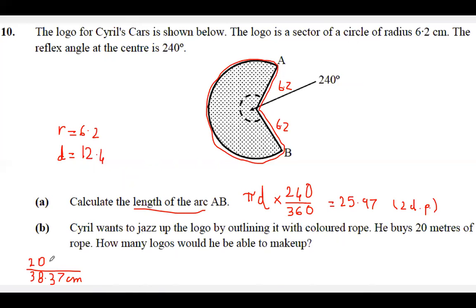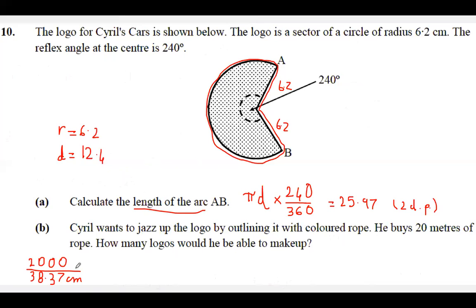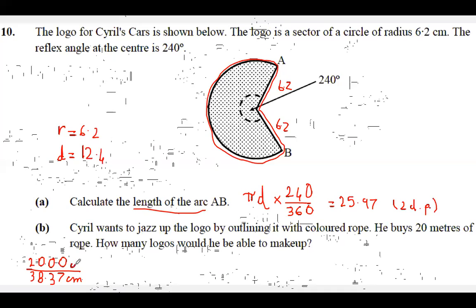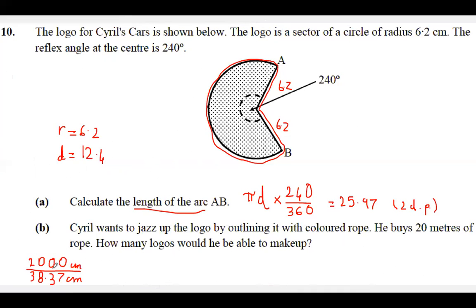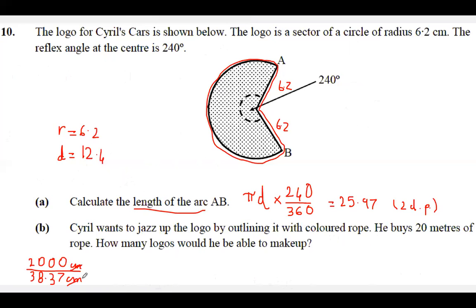If 1 meter is 100 centimeters, 20 meters would be 20 times 100, which is 2000. You can only divide centimeters by centimeters to cancel them and give a number. So how many logos? You do 2000 divided by the answer, and the answer is 52.12.